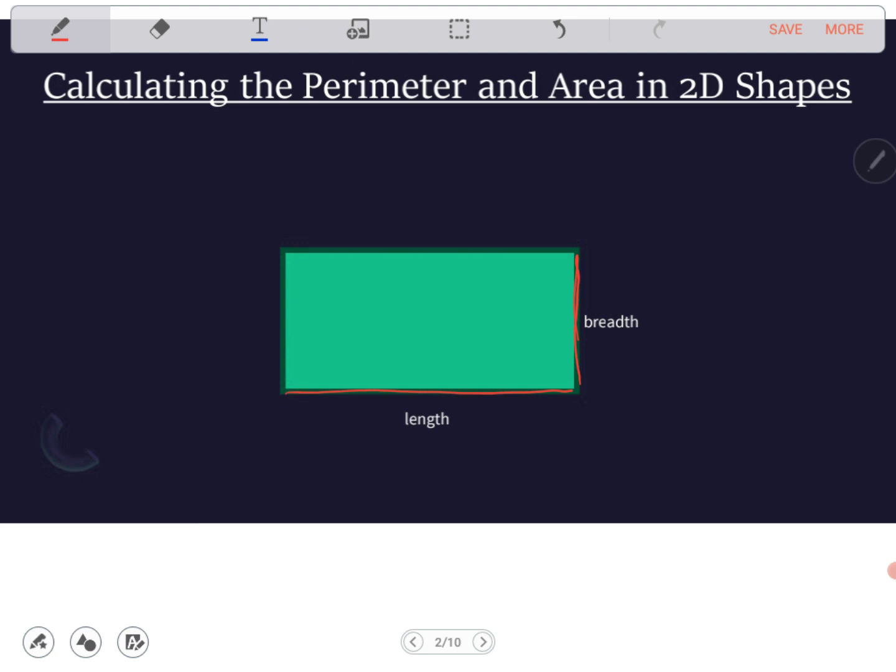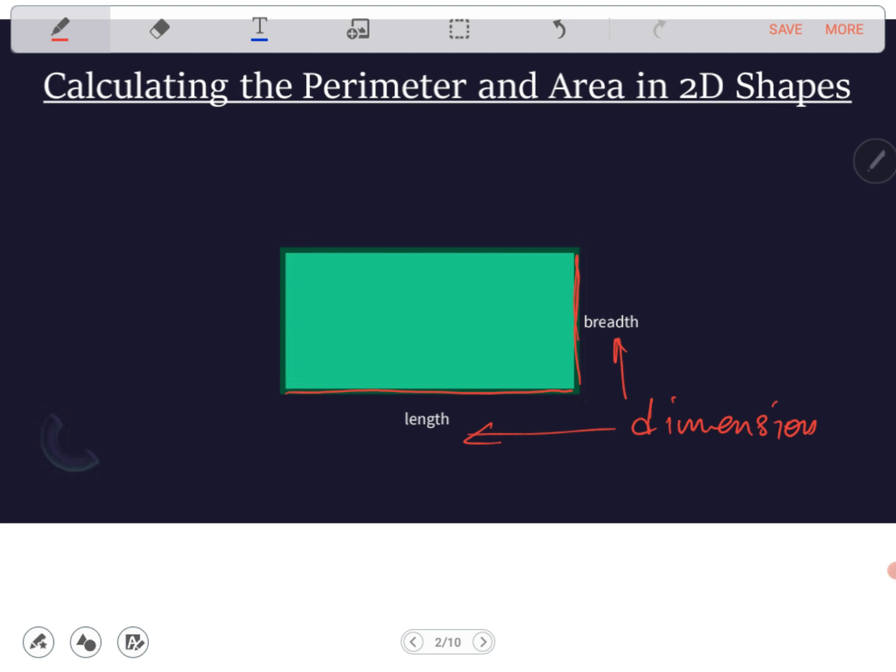So these are the dimensions. These two, we call them the dimensions of the shape. That's why we call it a two-dimensional shape.